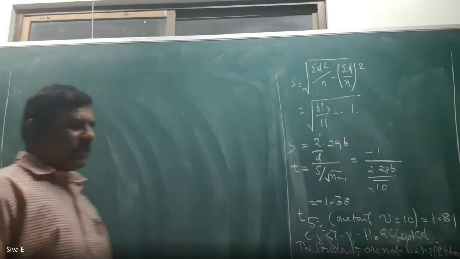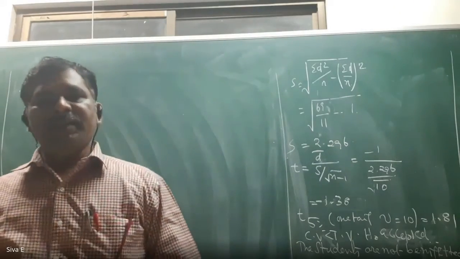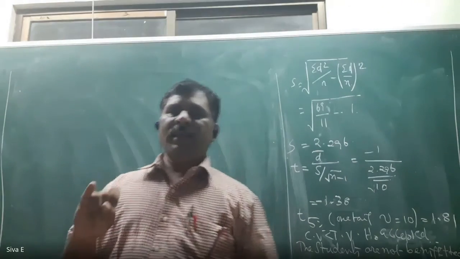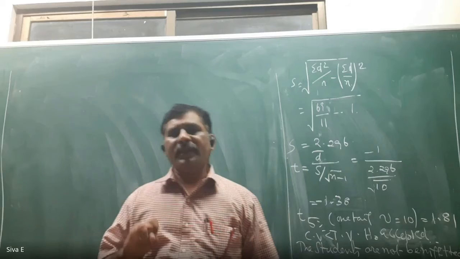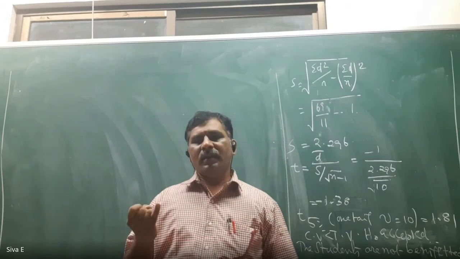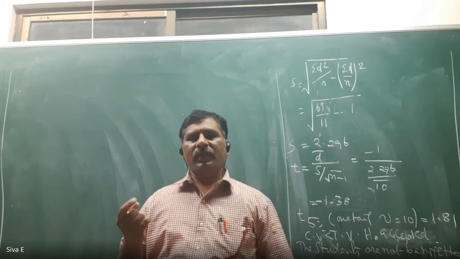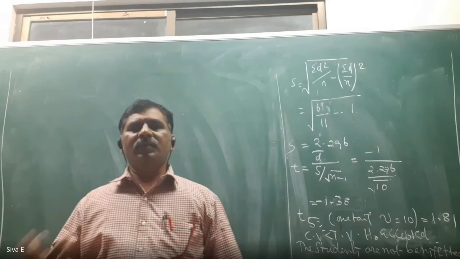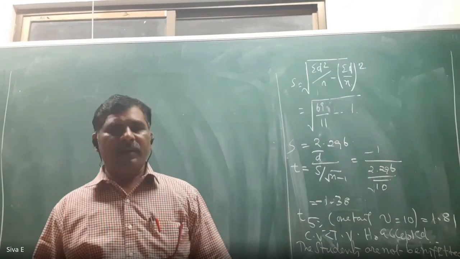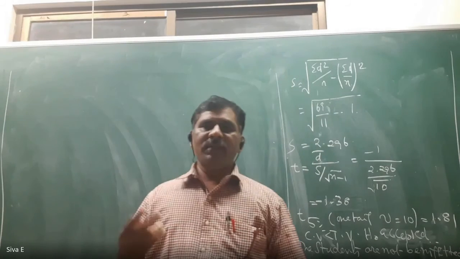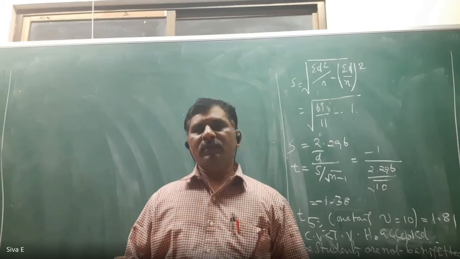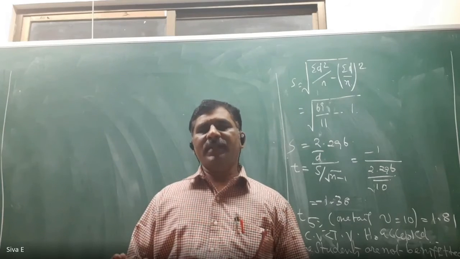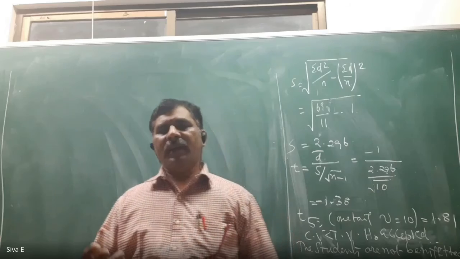So in the t-test, there are three types of tests. One is single sample test; whether it is a single sample or two sample as given, we have to identify first. Second, if two samples are given, we have to identify whether the samples are dependent or independent.